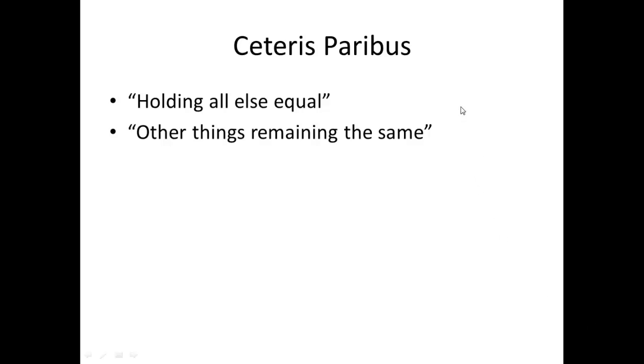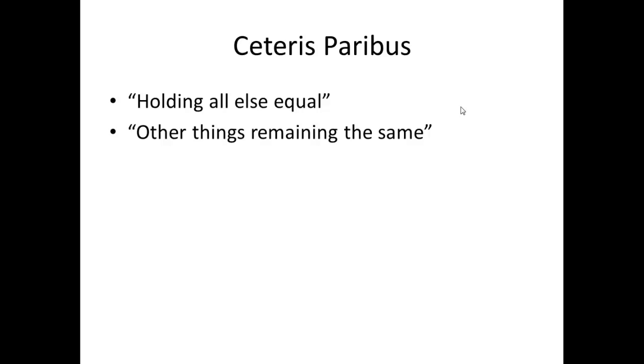So as we get into the different experiments and the different models and the different theories and laws that exist out there, we have to understand that under all circumstances in economics, it's holding all else equal. So there's only one thing that can change. So if price changes, nothing else can change in that circumstance.